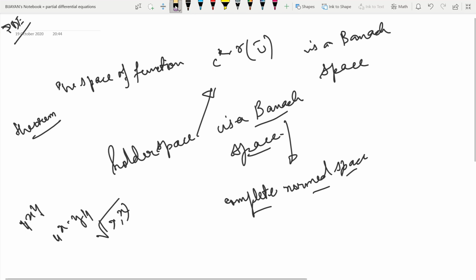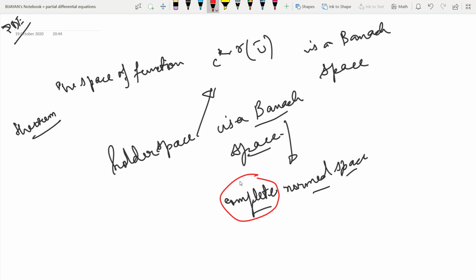Now let's discuss what we were dealing with. And this complete: what is completeness? If in a set every Cauchy sequence converges, then it is complete.